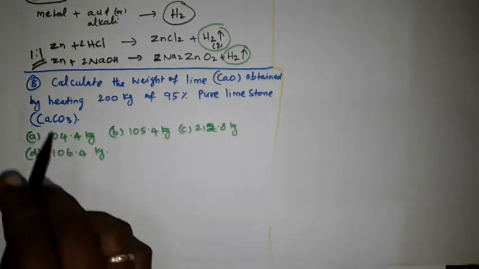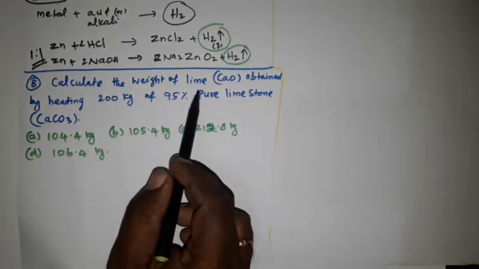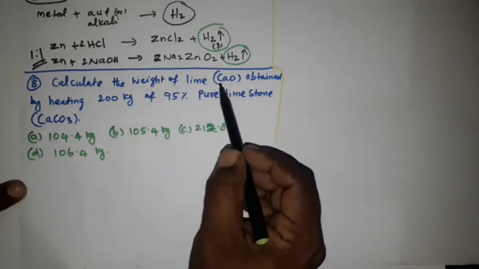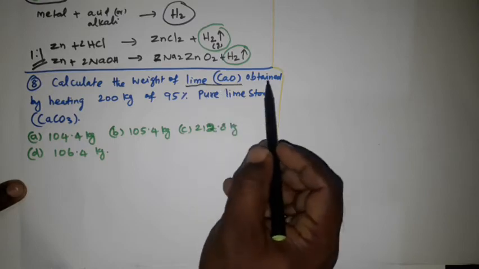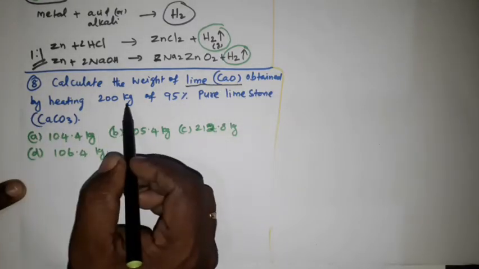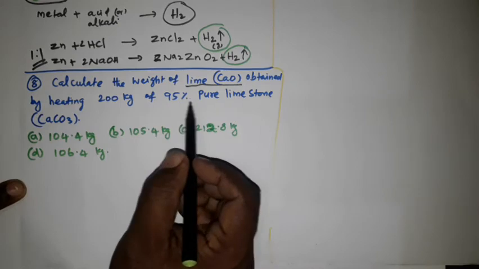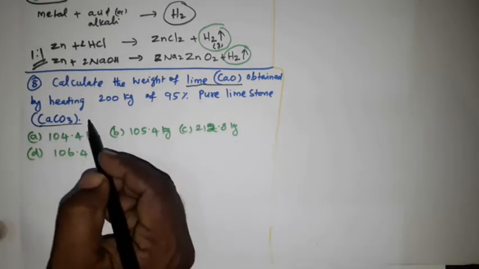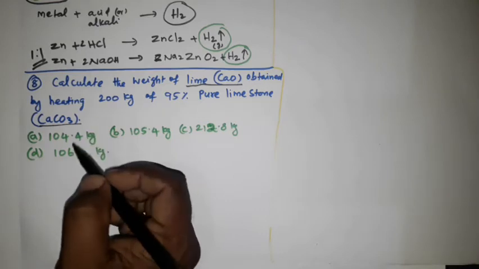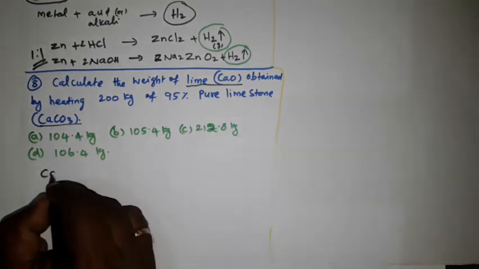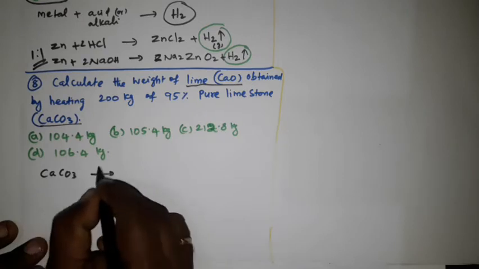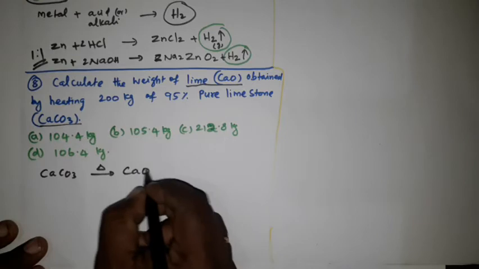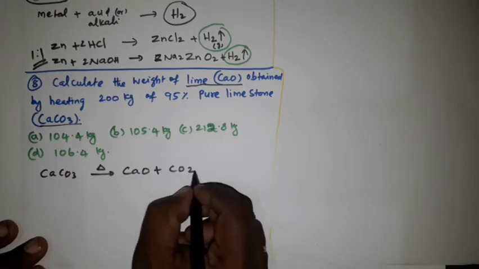Question number 8. Calculate the weight of lime, calcium oxide. This is CaO, that is lime. The another name of calcium oxide is lime, obtained by heating 200 kilogram of 95% pure limestone. The limestone formula is CaCO3. Now write the equation. CaCO3, calcium carbonate, when you heat, we will get calcium oxide plus carbon dioxide.